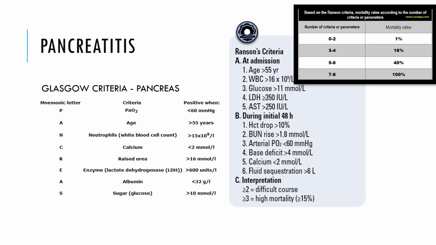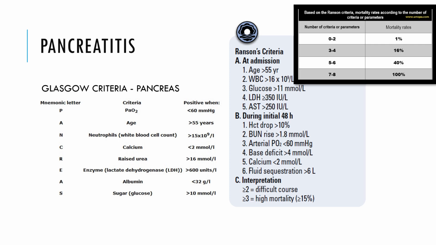Coming to pancreatitis. So pancreatitis can be chronic alcoholic, or can be due to other etiologies as well. So in pancreatitis, what you need to mainly remember is the prognostic criteria. So there is one criteria which is called Ranson's criteria, which you do at admission, and also during the initial 48 hours.